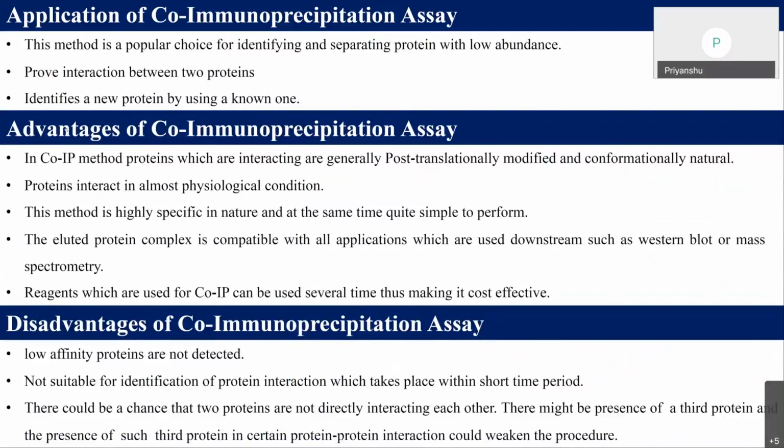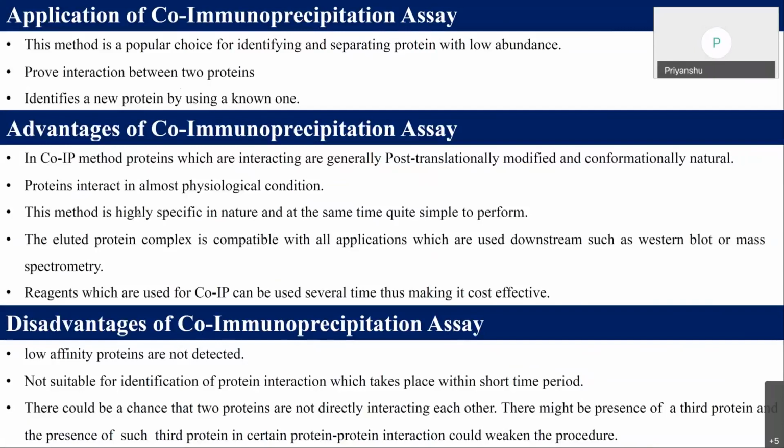From an application point of view, this technique is very cheap because the buffers are very cheap, and you can reuse the buffers many more times. Also, cells having low abundant proteins, you can identify or isolate those as well. So these are the applications, mostly from the advantages point of view.